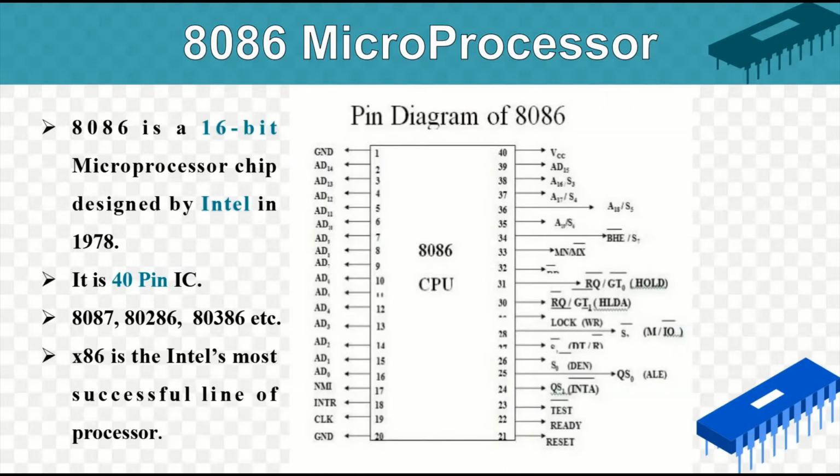Intel 8086 is based on a single semiconductor chip and packaged in a 40-pin IC package. The type of package is dual inline package. 8086 is Intel's most successful line of processors. It is designed to operate in two modes, which are minimum mode and maximum mode.